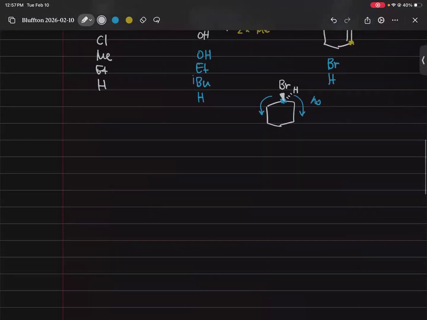Those 2 are called enantiomers. A molecule's enantiomer is its non-superimposable mirror image.